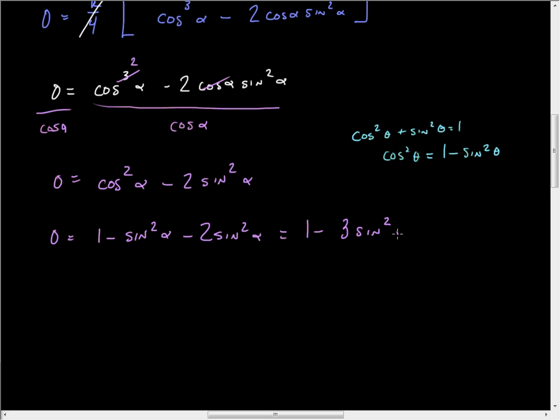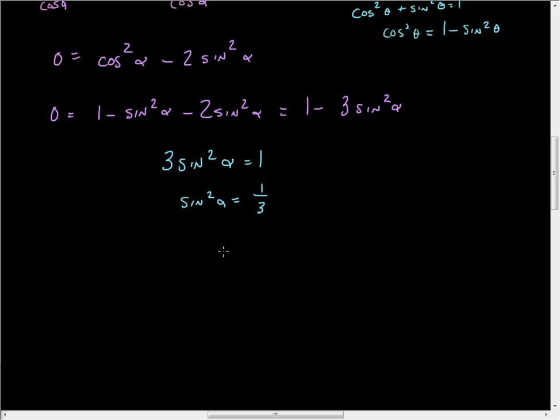When that happens, we can just move that over, so it's 3 sine squared alpha equals 1, meaning that sine squared alpha is equal to 1/3. Taking the root, we notice that sine of alpha is equal to 1 over the square root of 3.